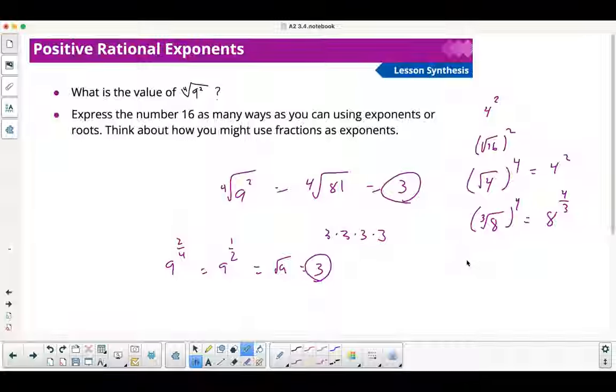What if I said, what is 16 squared? 16 squared is 256. What if I just said the square root of 256, which is equal to 256 to the 1/2, because the power is 1, root is 2. All kinds of different ways that you could do this. So there's just a few.